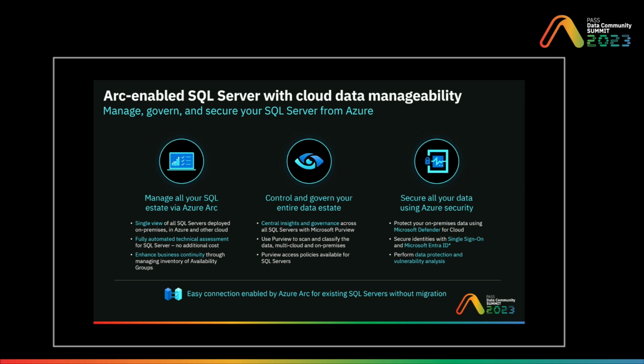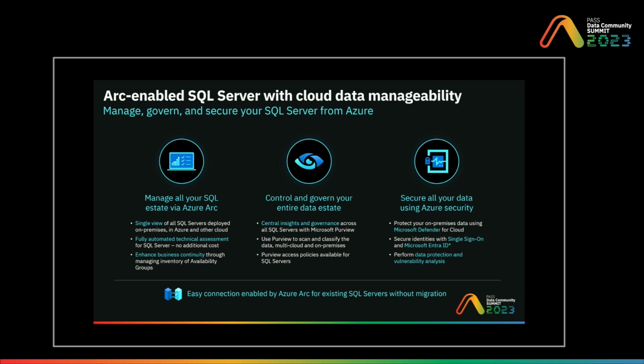All that lineage is supported by integrating with Purview. Purview is a great platform originally designed for resources sitting in cloud databases. But now we bring the power of Purview to govern and protect your SQL servers in the on-premises environment using Arc-enabled SQL servers, right?